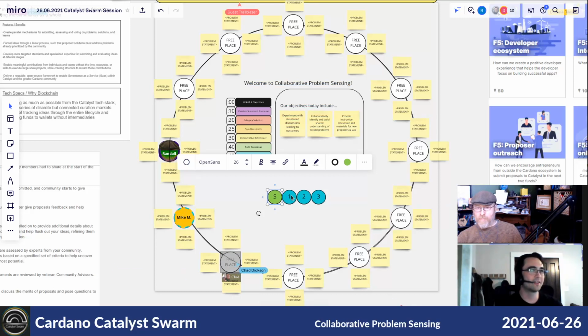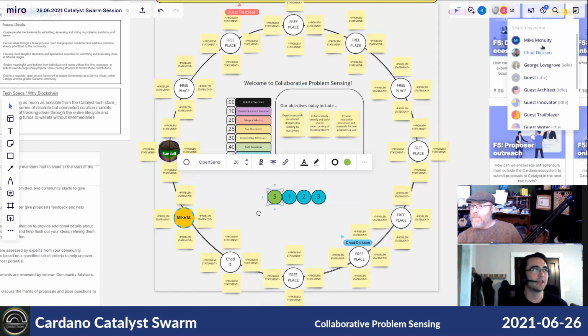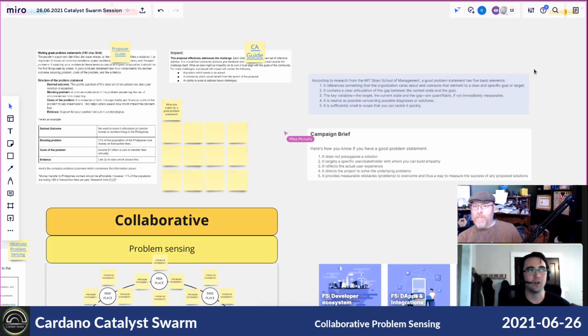The way this is laid out is in a horseshoe. First we're going to look at some initial thoughts I pulled together on collaborative problem sensing, and why there might be some benefit and value. It sounds like we're all in agreement there, so I won't spend too much time on it. We'll look at how this fits into the Catalyst lifecycle. I have a couple of resources describing what makes a great problem statement and how folks around the community think about this, with materials from both Ideascale and the documentation around the community.